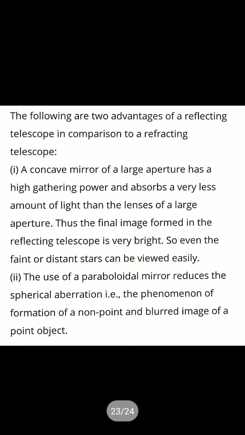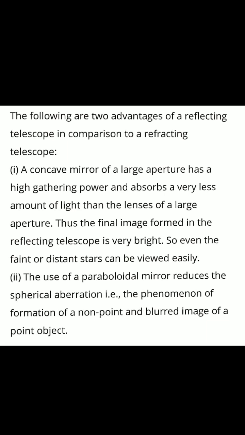Now, the advantages of the reflecting type telescope over the refracting telescope. There are many advantages. A concave mirror of large aperture has high light gathering power and absorbs very little light compared to lenses of large aperture. The final image formed in the reflecting telescope is very bright, so even a very distant or faint star can be easily viewed.